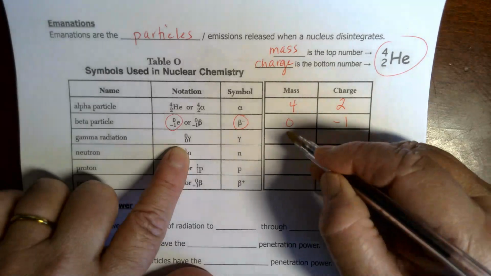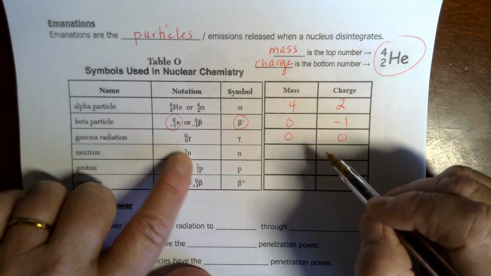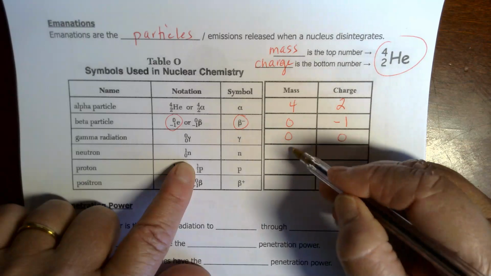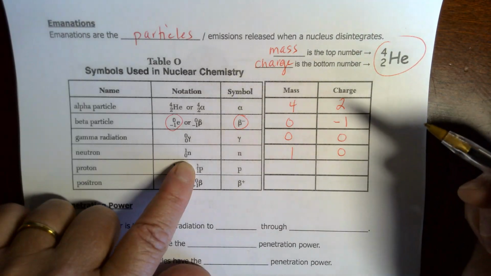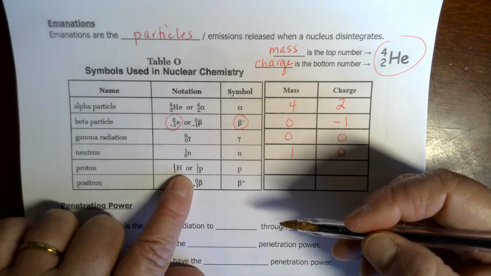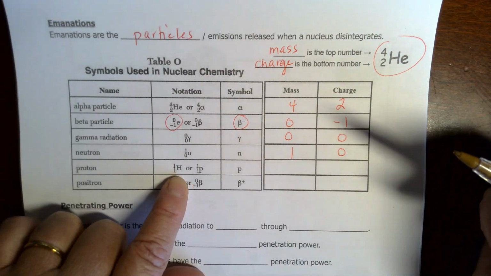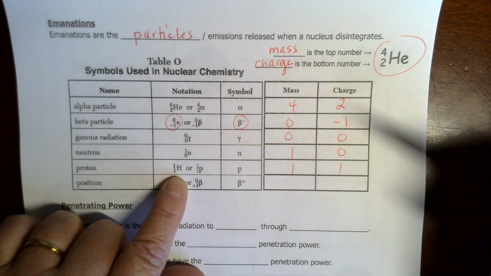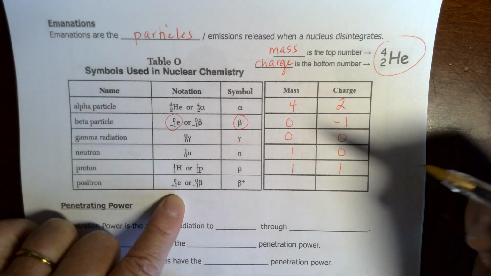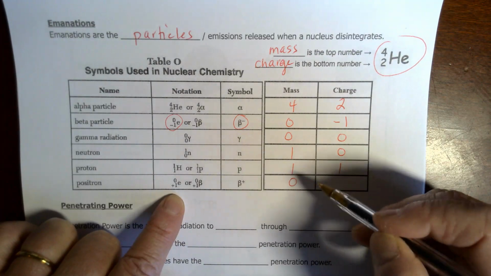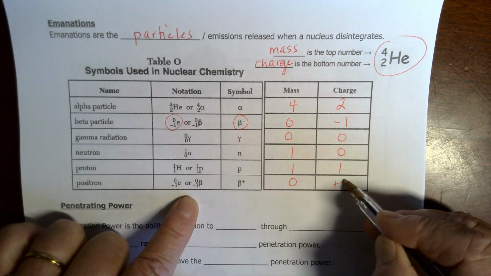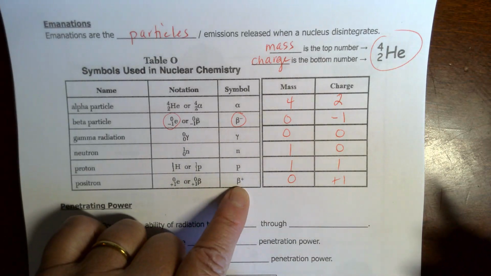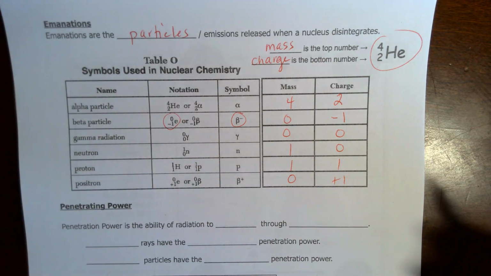Gamma radiation, mass of 0, charge of 0. A neutron has a mass of 1 and a charge of 0. A proton, which is the same thing as a hydrogen nucleus, has a mass of 1 and a charge of +1. And a positron, which we said is a mass of 0, but a charge of +1, sometimes written as a beta plus symbol.